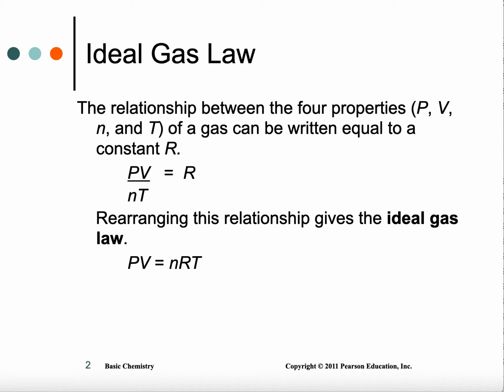I have always simply just tried to use the same ones all the time. So my pressure, I always put in atmospheres. My volume, I always put in liters. And my temperature, I put in kelvins.